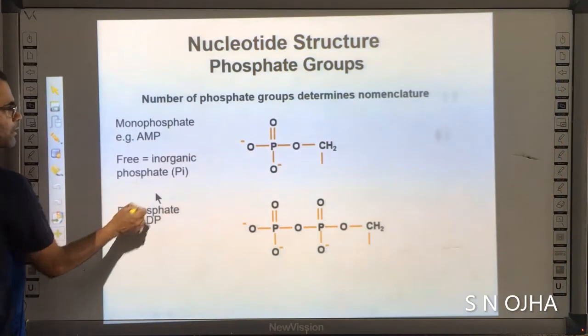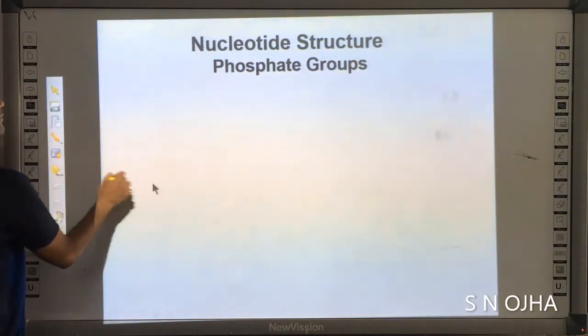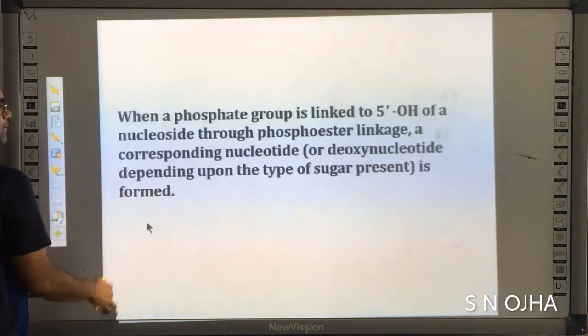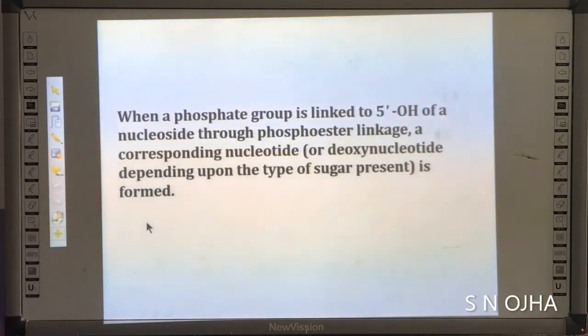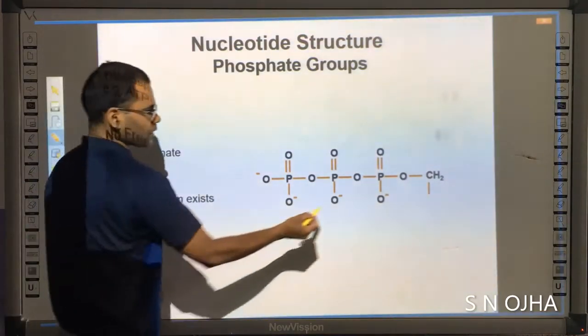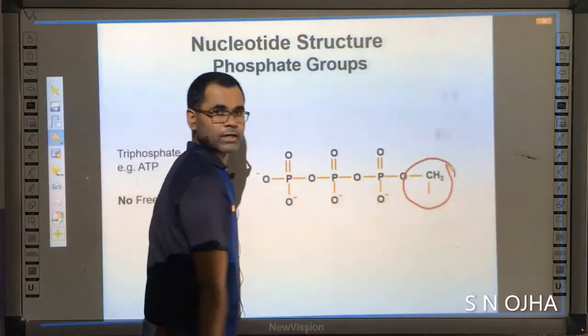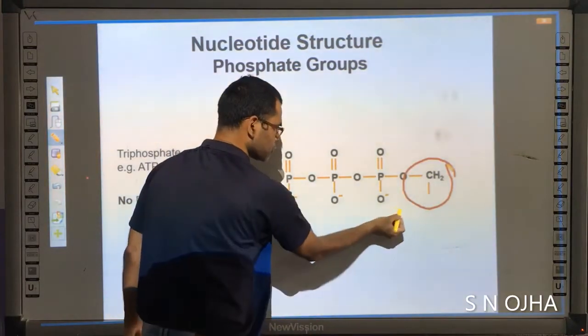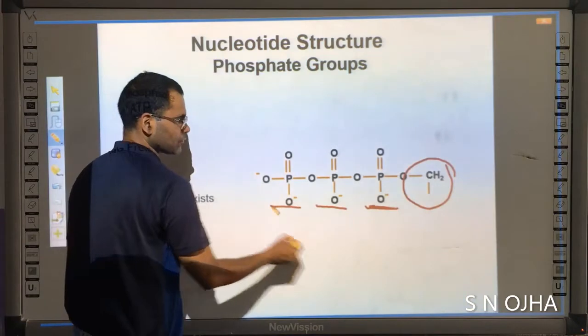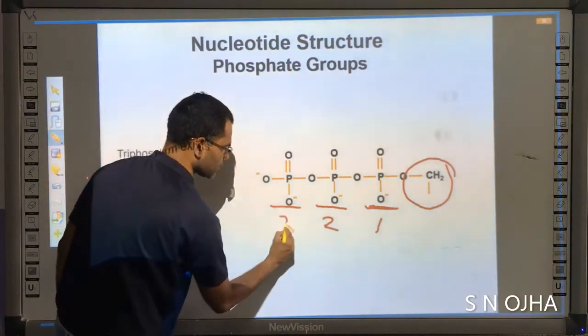Third, if we talk about adenosine triphosphate, a very famous molecule of energy, here you can see that this is the carbon of a sugar, pentose sugar. This pentose sugar is connected to one phosphorus, another phosphorus, and a third phosphorus. 1, 2, and 3.